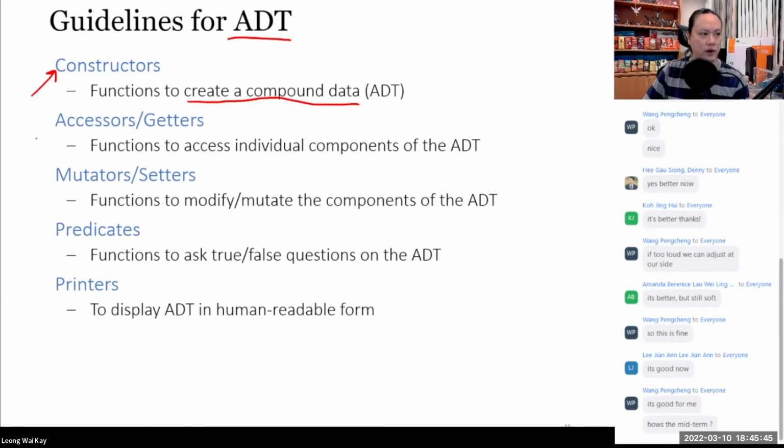Then you need some way to access the individual components, and you have the ability to mutate, to change, to set the values of the different components in the data. As you can imagine, these two come from the earlier ones, because a predicate is basically just asking some true-false function. Obviously, if you can access the components, you can write your own predicates. Printer is just to display.